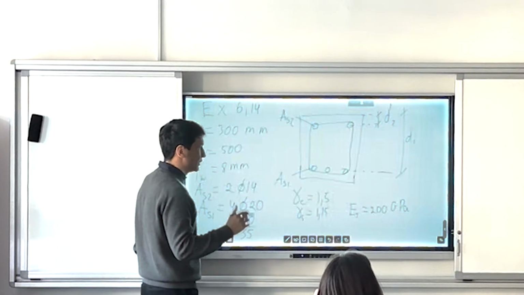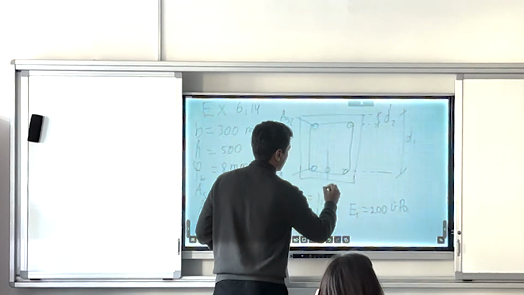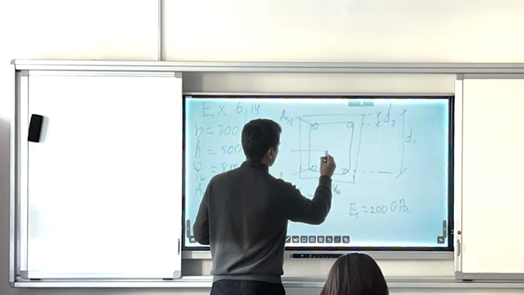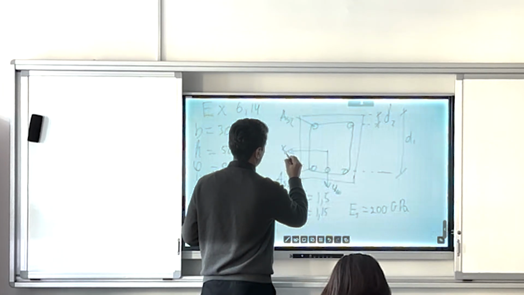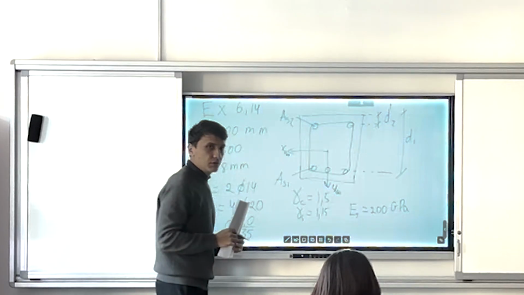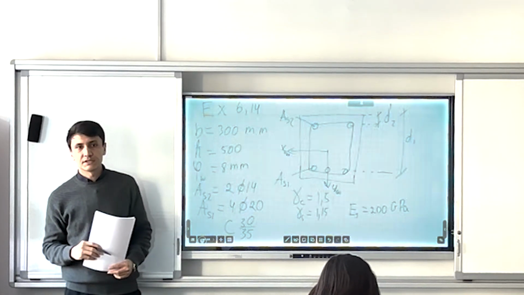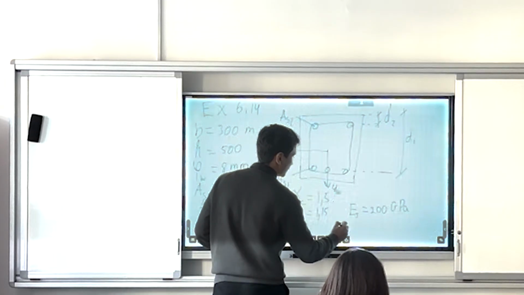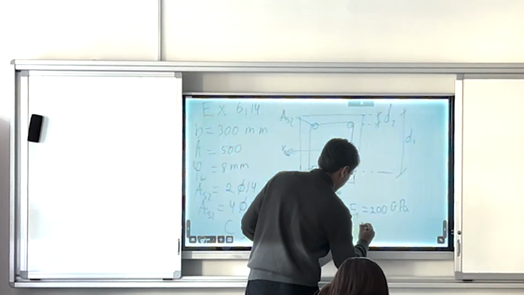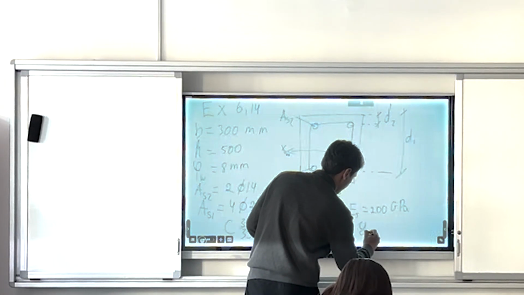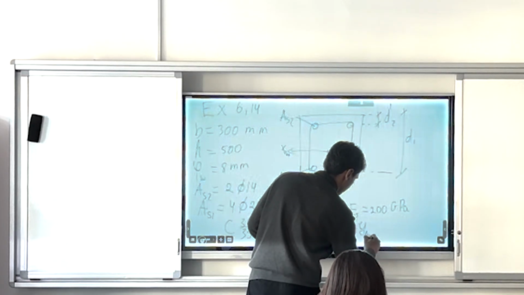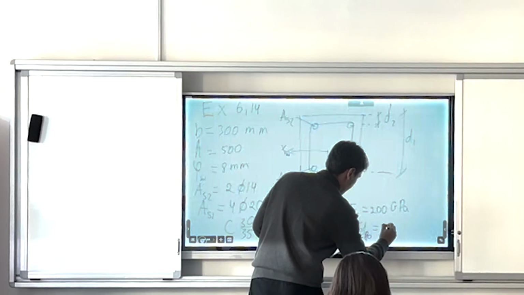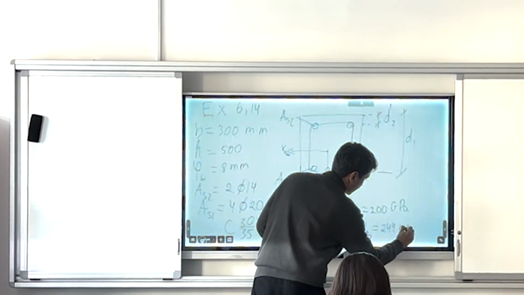We suppose that we already know the geometric center of the section, and it is the same as in the previous exercises, YG0 equal to 244 millimeters.